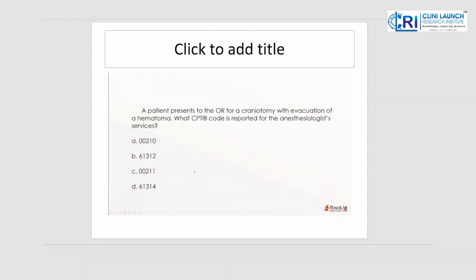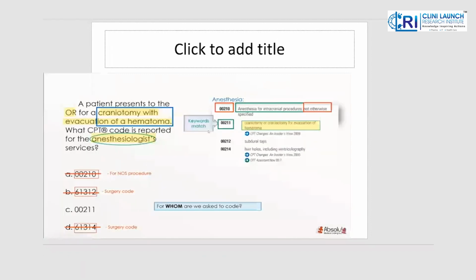The code for anesthesia will start from 00, so that only you will look into. Delete options B and D, and search for the descriptions 00210 and 00211. 00210 is anesthesia for intracranial procedure not otherwise specified.